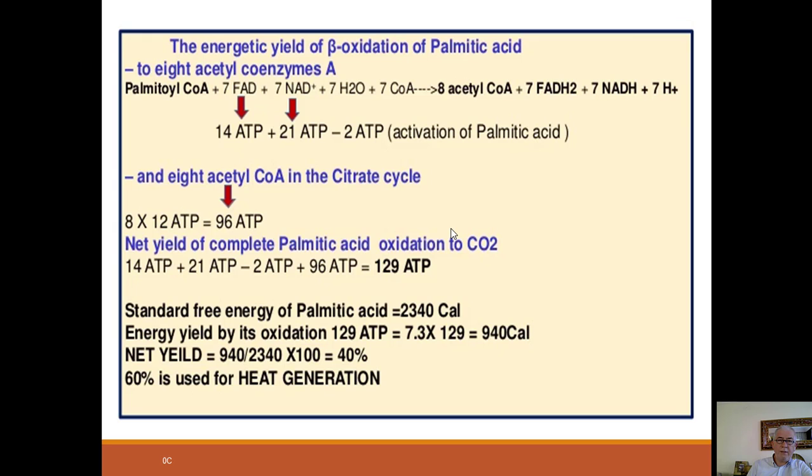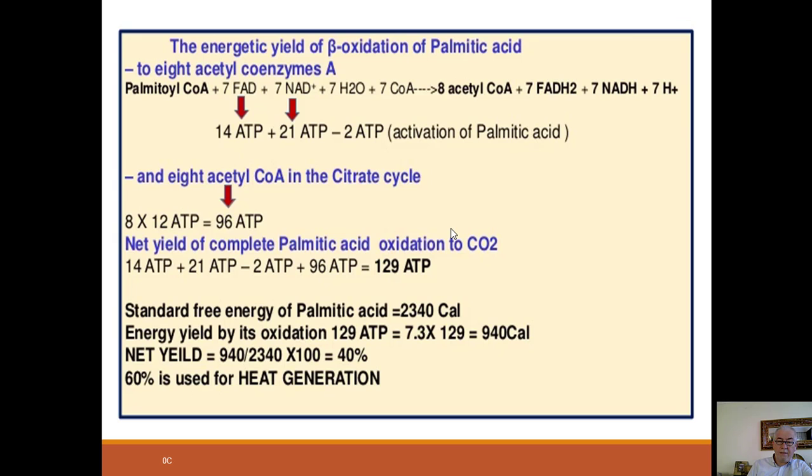And when we look at the energy yield of palmitic acid oxidation, in total it is equal to 940 calories, which is equal to about 20% of the standard free energy of palmitic acid.